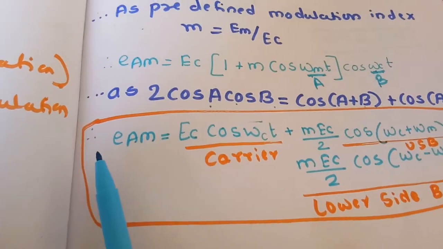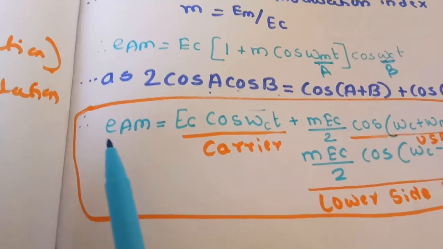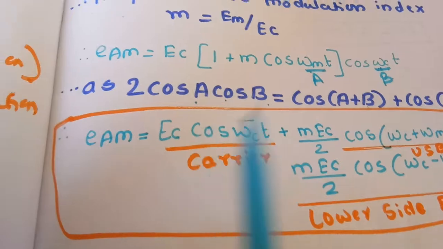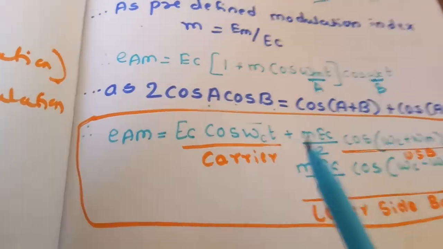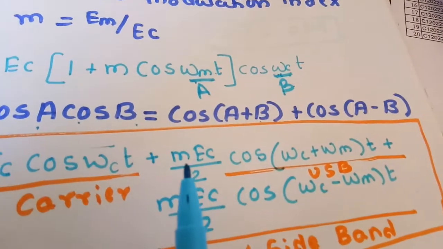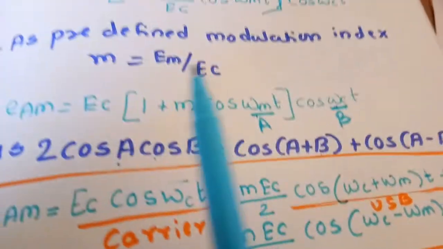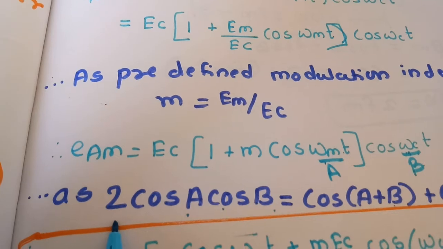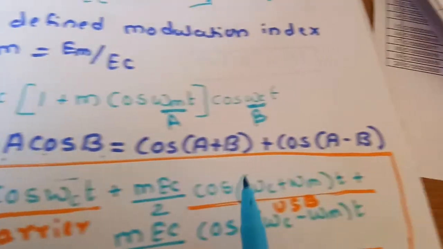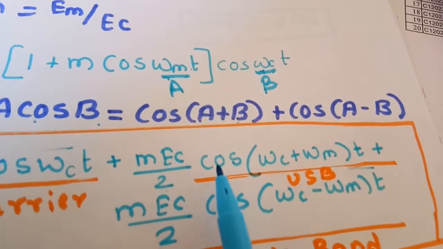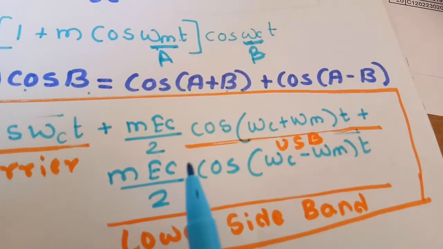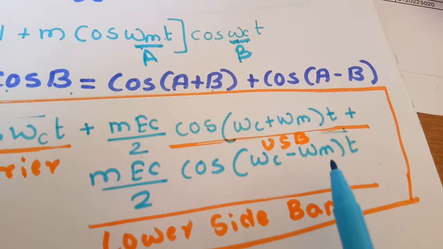So the final equation is EAM equals EC cos omega ct, which is the carrier signal component, plus, since we don't have the 2 in our equation, M EC by 2 cos(omega c plus omega m)t plus M EC by 2 cos(omega c minus omega m)t.